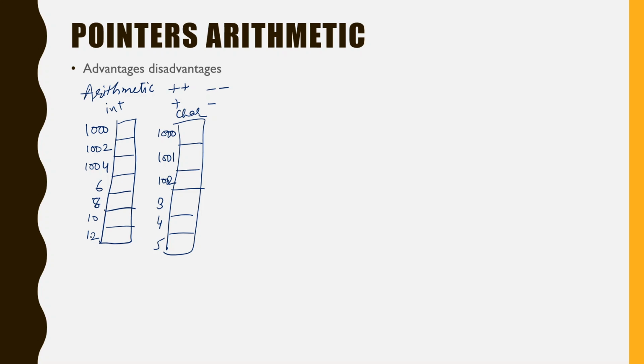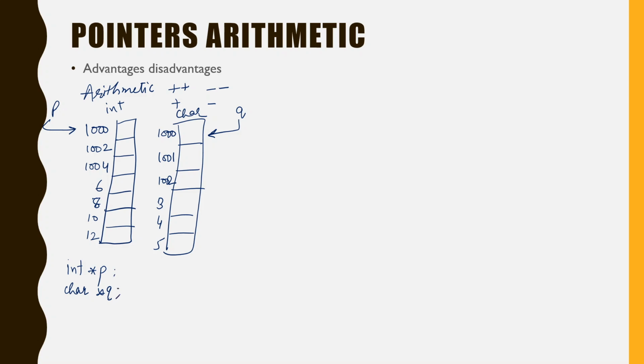Now, if I have a pointer p which points to this location, and a pointer q which points to this location, how would we be able to do that? That is declaring this with the help of an integer pointer, and declaring the other with the help of a character pointer.